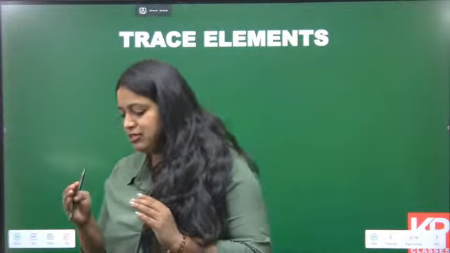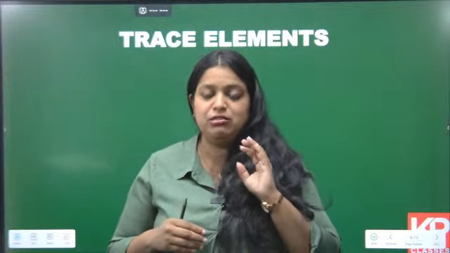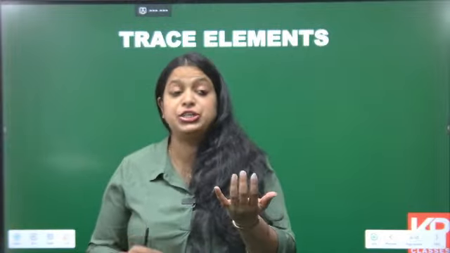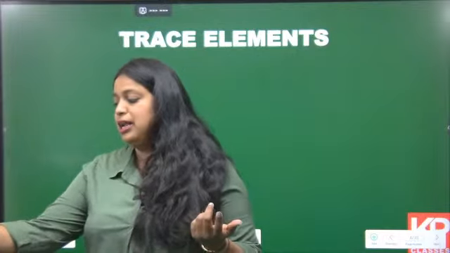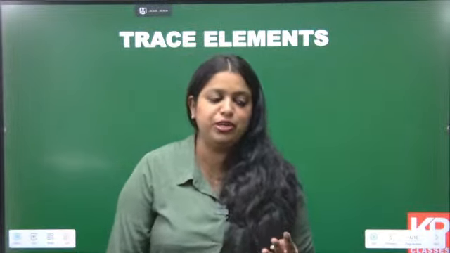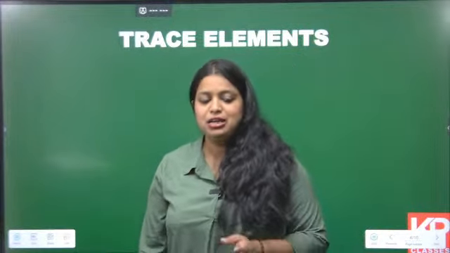This distribution can happen in 3 different ways. We call them camouflage substitution, admission substitution, and the third one is capture substitution. These are the 3 different ways a trace element gets distributed in a mineral.